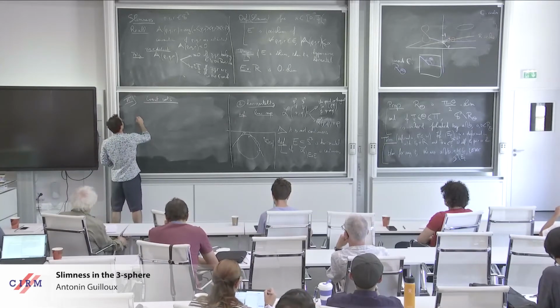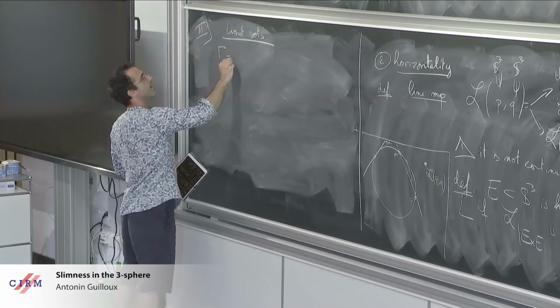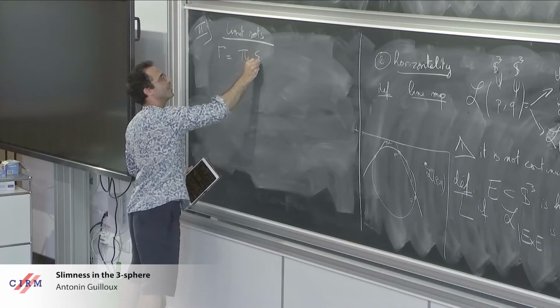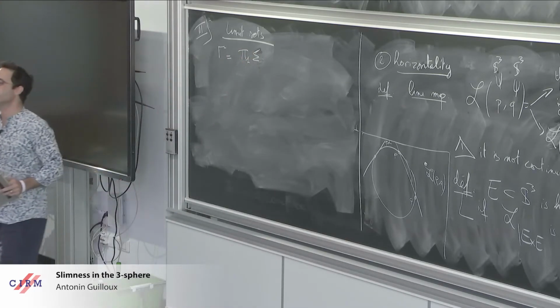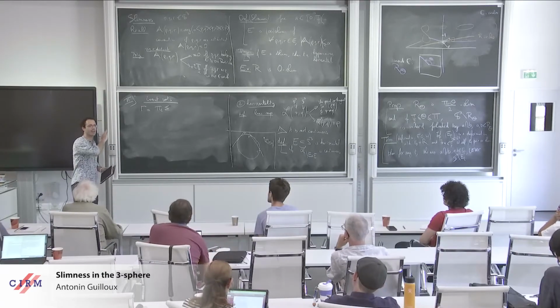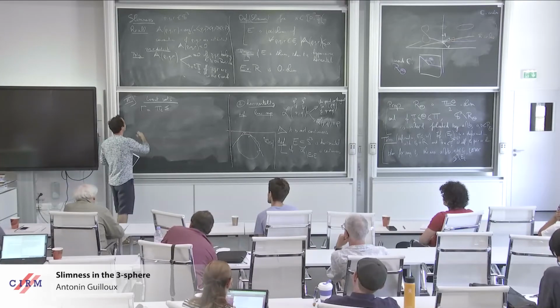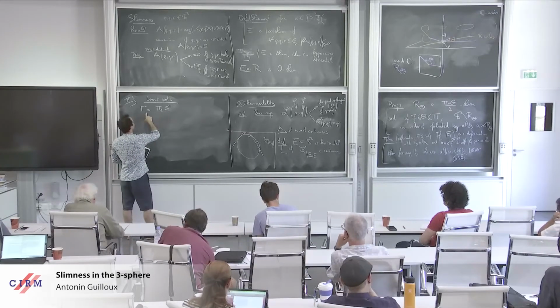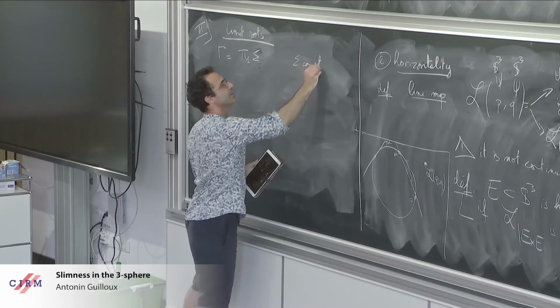So let's say, take gamma to be the fundamental group of a compact orbi-surface. If you don't like orbi, just forget about it, but I would like to speak about triangle groups. So, okay. But it is compact. This is important.